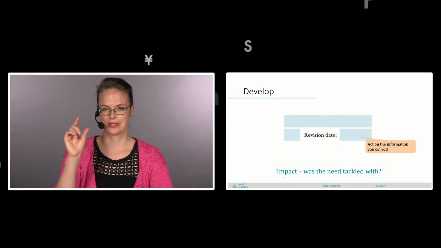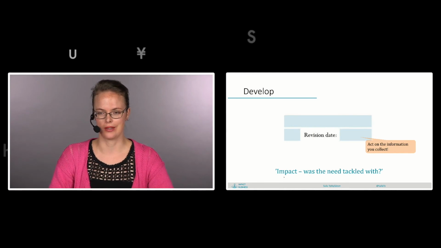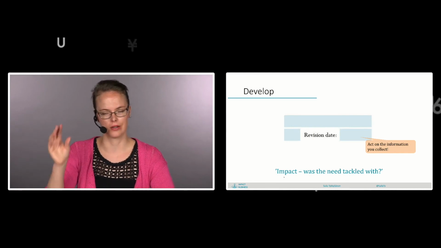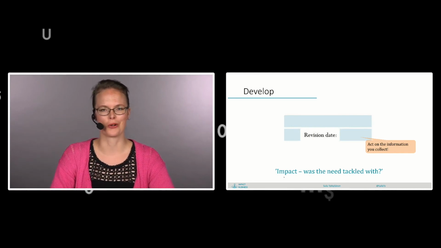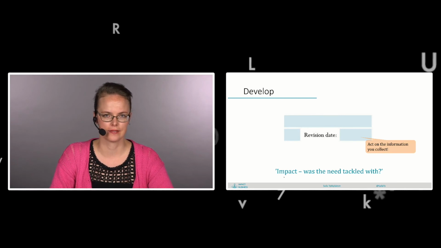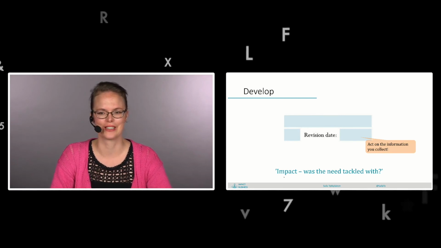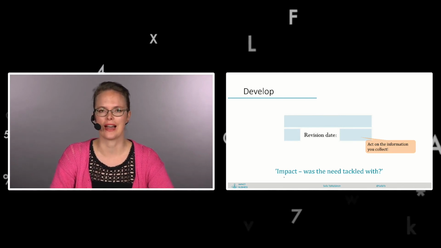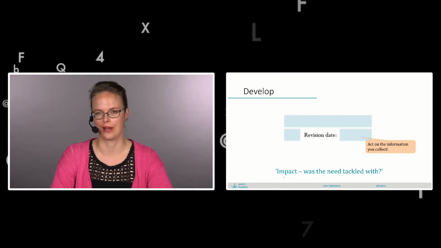And last but not least, there is this teeny tiny box on the upper right corner of the canvas called revision date. And this is a small hint really to you that you should act on the information you collect.